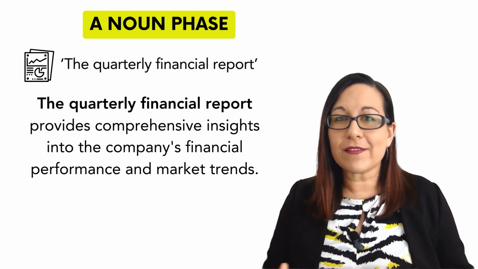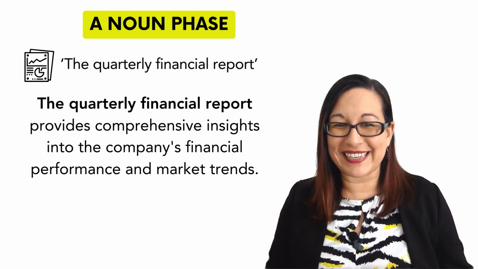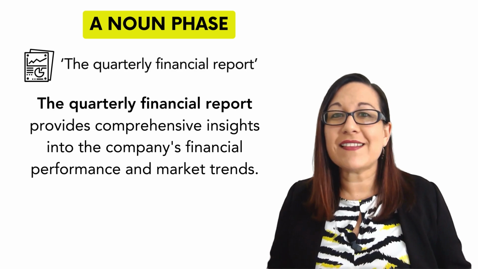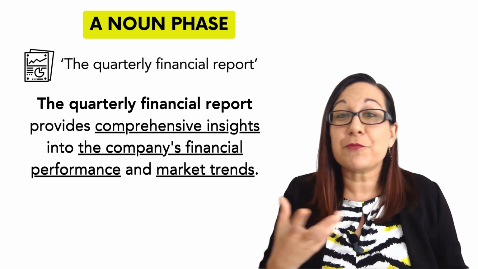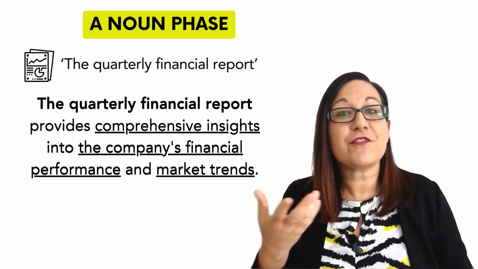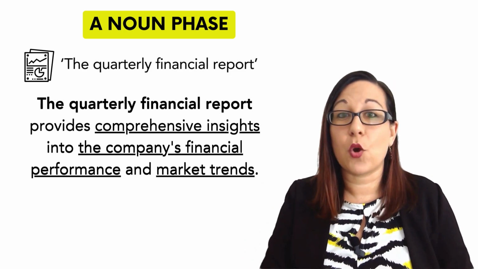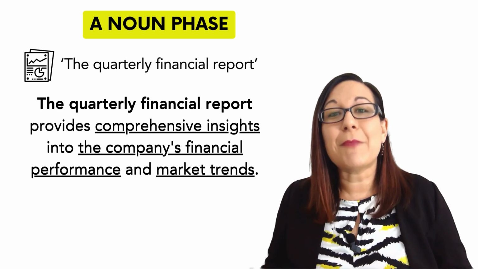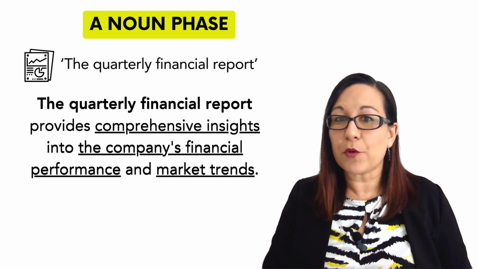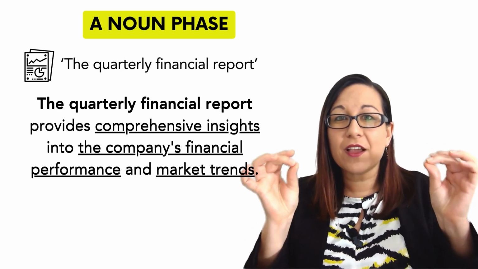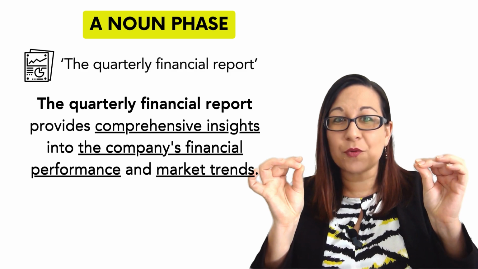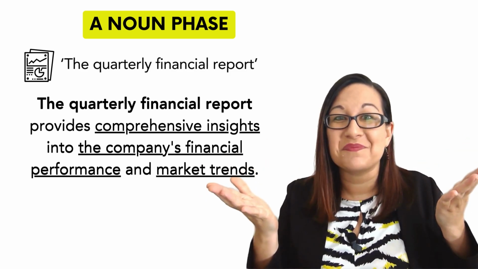There are lots of different noun phrases in here. What type of insights? Comprehensive insights. What type of performance? The company's financial performance. What type of trends? Market trends. So, anytime you have more than one word as that noun, it's a noun phrase.